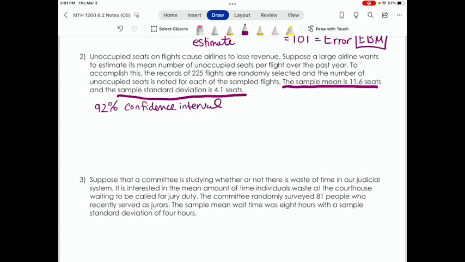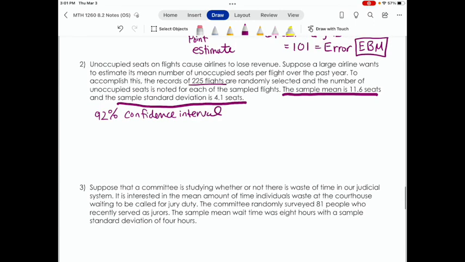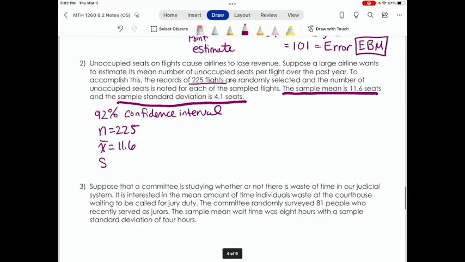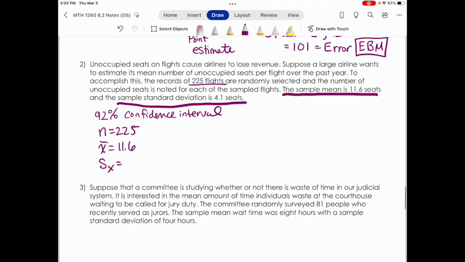Now, if you read the information, what's given to us is the sample size. We're also given the sample mean. We're also given the sample standard deviation. We do not know sigma. We do not know the population standard deviation, which means we are going to do a t-interval.